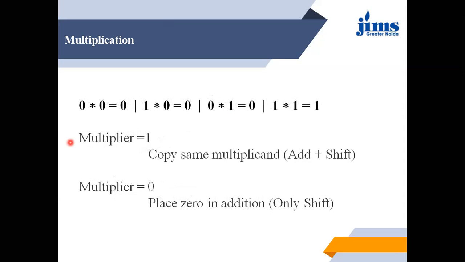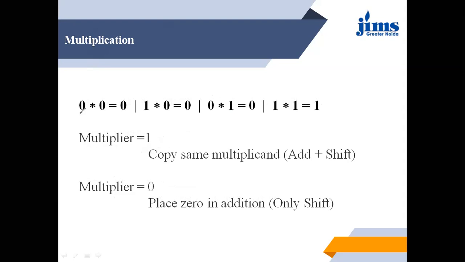So the multiplication rules for this: as we know that in the case of decimal, we can multiply different numbers by different numbers using the tables. Here also, there is a rule to multiply each and every number.